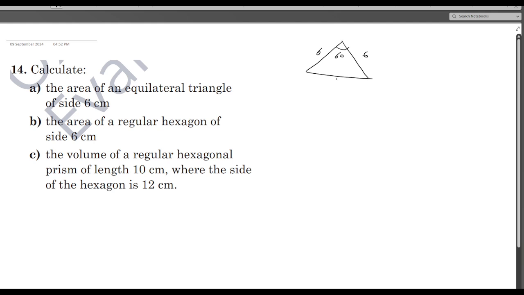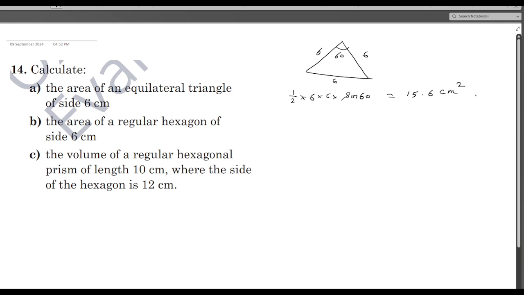So I will use the formula as half ab sine C, that is 0.5 into 6 times 6 times sine of 60 degree. So 9 root 3, and 9 root 3 in decimal it will be 15.588. So 15.6 I will consider, 15.6 centimeter square.